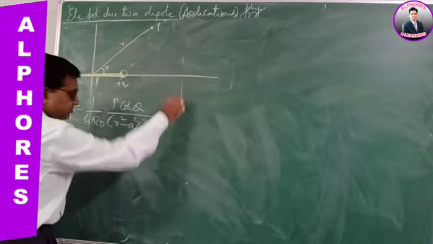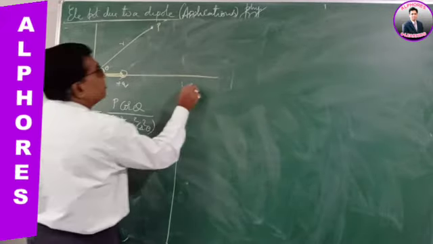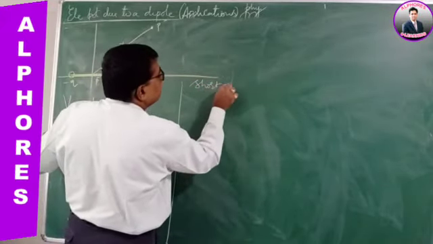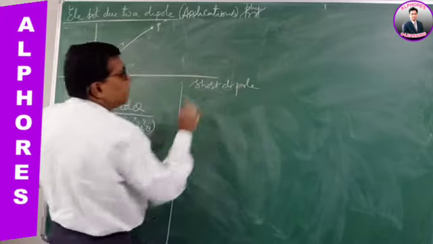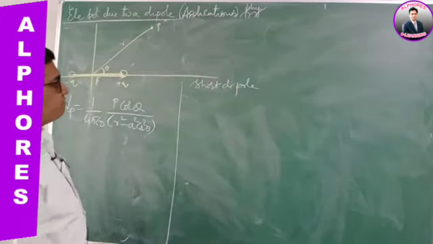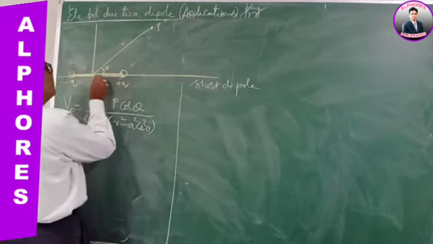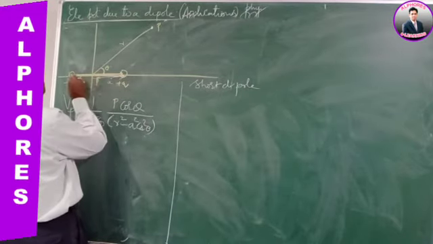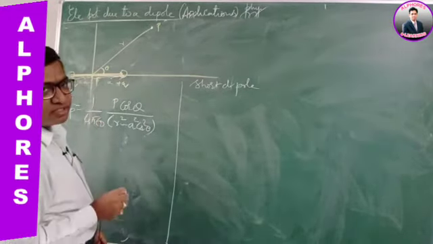Well, now this is for any dipole. Suppose it is a short dipole. For a short dipole, the length of the dipole is negligible when compared to the distance to the point.